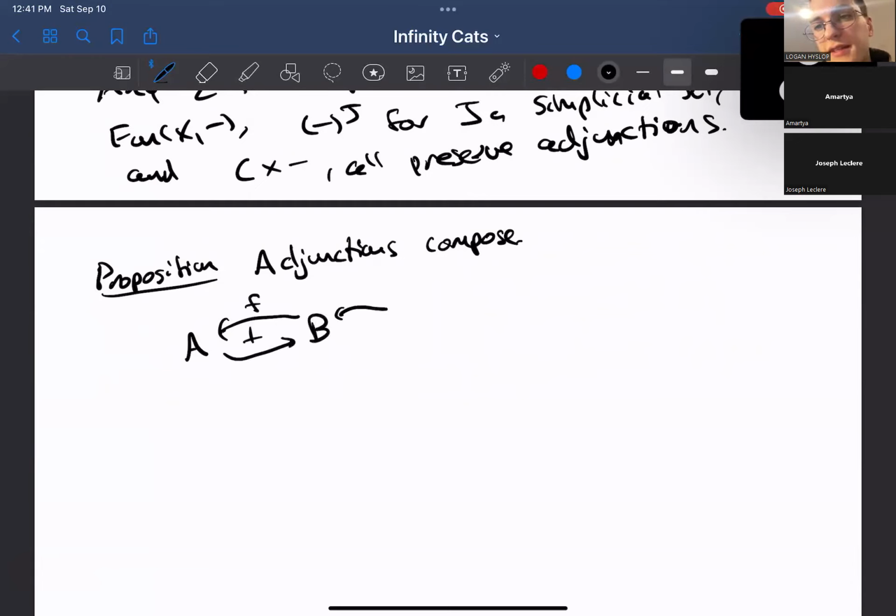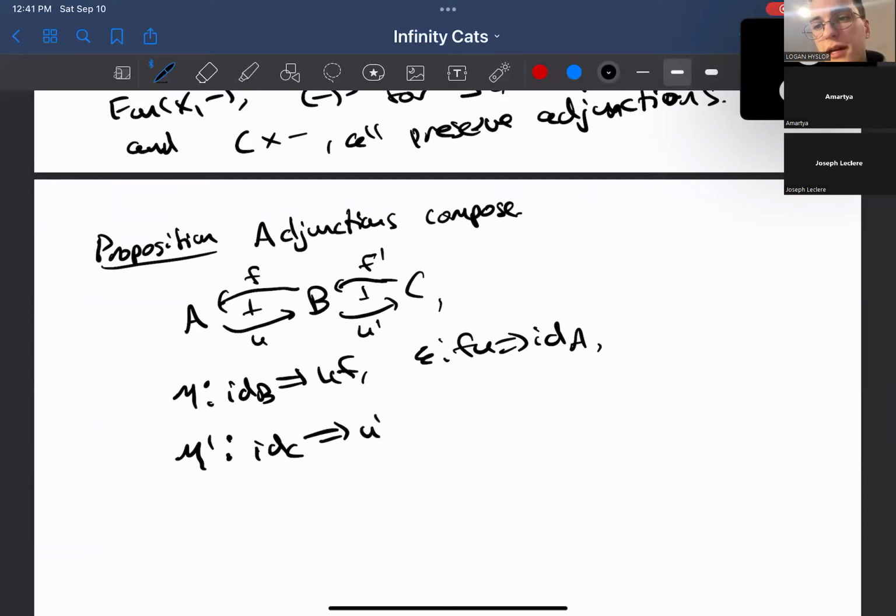Suppose we have adjunctions like this, and F prime, U prime, with unit eta maps the identity of B to UF, epsilon maps FU to the identity of A, eta prime maps the identity of C to U prime F prime, and epsilon prime maps F prime U prime to the identity of B. Then we claim that F F prime is left adjoint to U prime U.